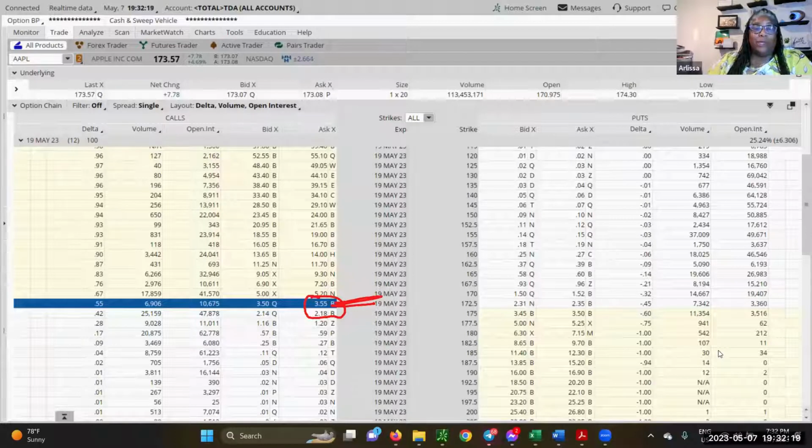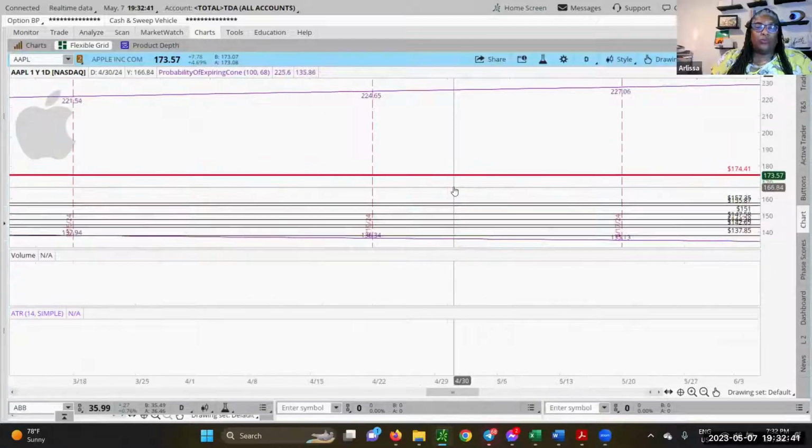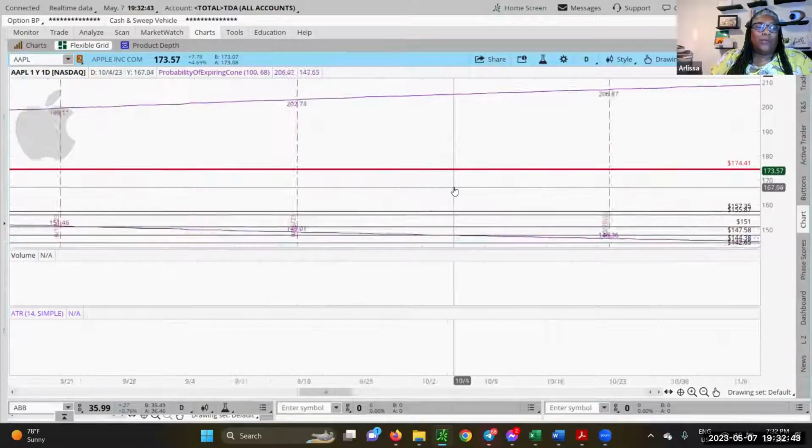And then you're going to need the price to continue to climb up from 172.5 in order to turn into profits. It can't just sit still. Like with selling, the price can just sit still. The price can go towards our strike a little bit. It can hang out a little bit. But as long as it's not at our strike at expiration, we're keeping our money.